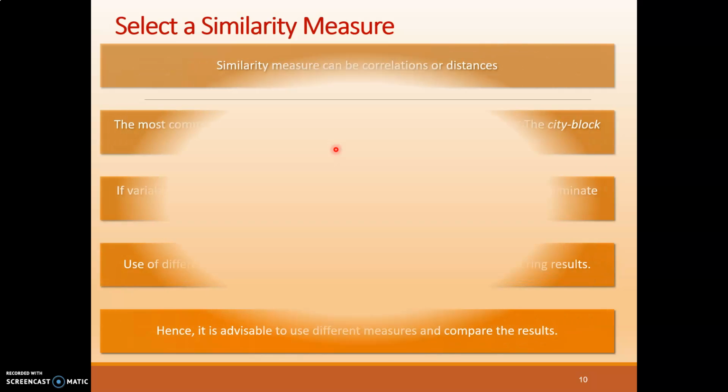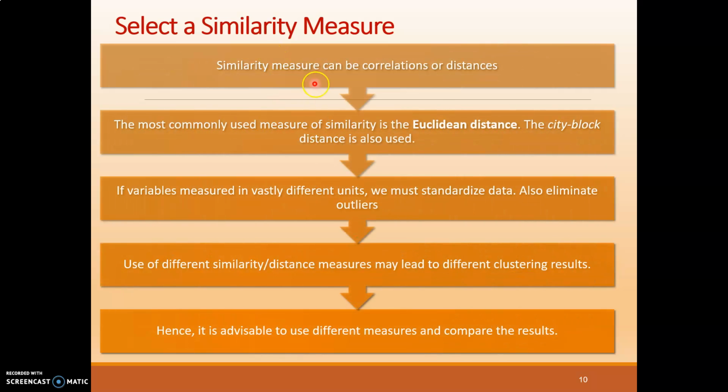Select a similarity measure. The first step, similarity measures handle correlations or distance. The second step, the most commonly used measure of similarity is the Euclidean distance. The Euclidean distance is mostly used for the k-means algorithm. The city block distance is also used.